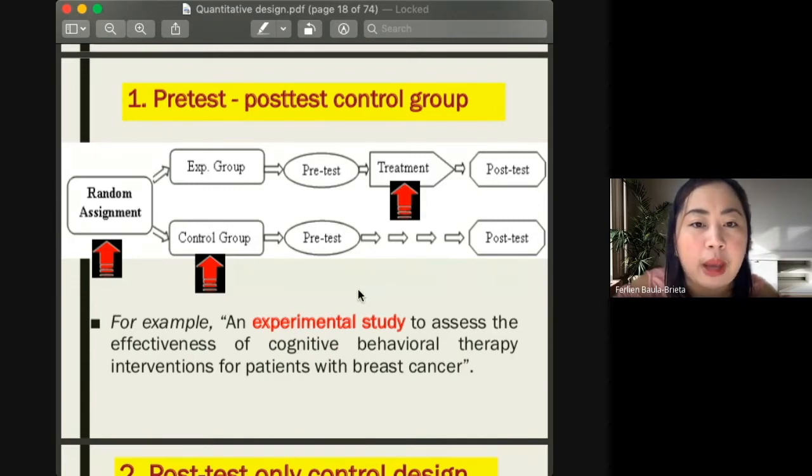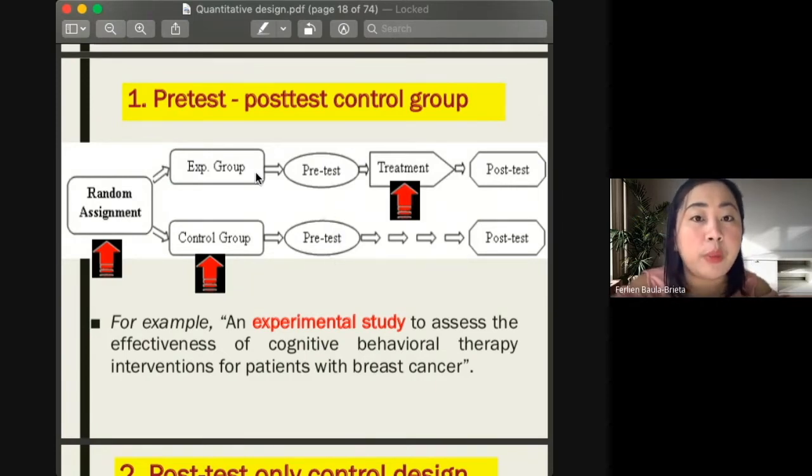So for example, in our pharmacy discipline, in experimental pre-test and post-test control group. Example, our experimental group and control group here are rabbits. So our rabbits, we draw blood from our rabbits and test it for the baseline sugar level.